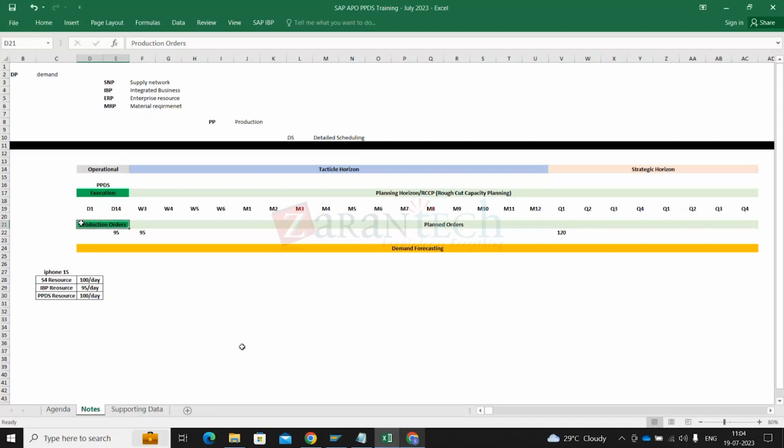Say the product needs some raw materials which need production, and so on. So considering all those things, when the planned order of the product enters week number 14, say the planned order was somewhere in week 3, you would be converting the planned order to a production order, correct?